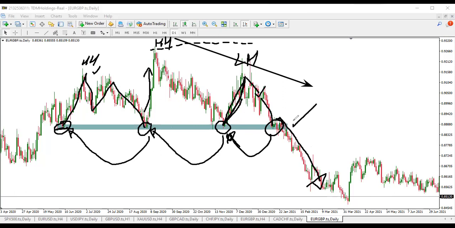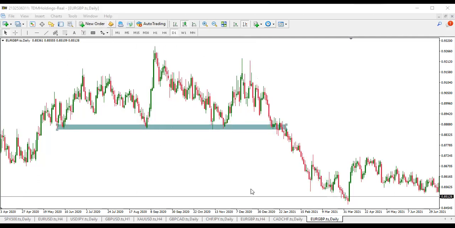So the reason the market broke to the downside here is because previously the push to the upside, structurally, was not significant. It made a lower high, right? That's why the market broke. So that's how you determine when will the market break or bounce.